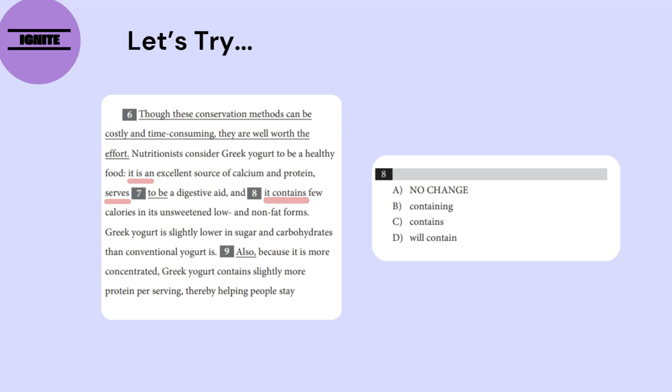And in this case, "it" is already referring to the Greek yogurt. So having the word "it" before "contains" is just being redundant. By that same notion, "serves" is active in the present tense, so "contains" is a proper word in this context. This only leaves us with one answer, just "contains" by itself, and this indeed would be correct.